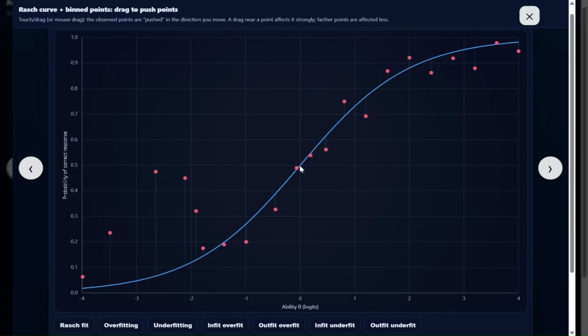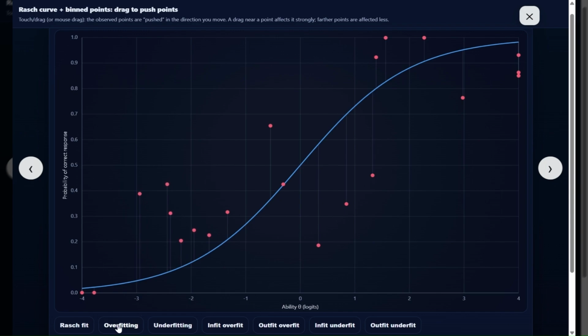So this is the area of difficulty. The area around the difficulty level of the question is called the infit area, while these areas in the periphery, the roof area and the floor area, are considered the outfit area.